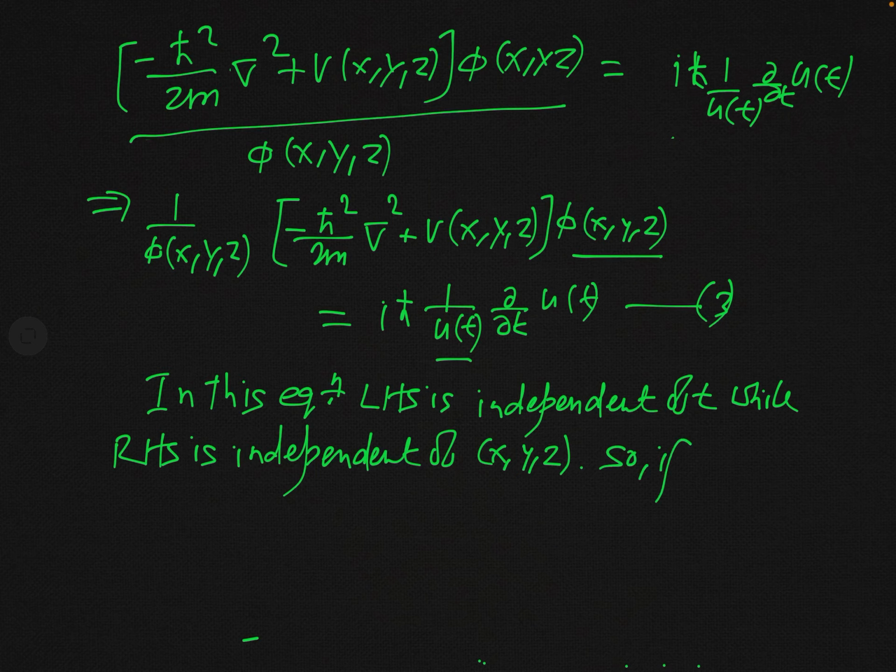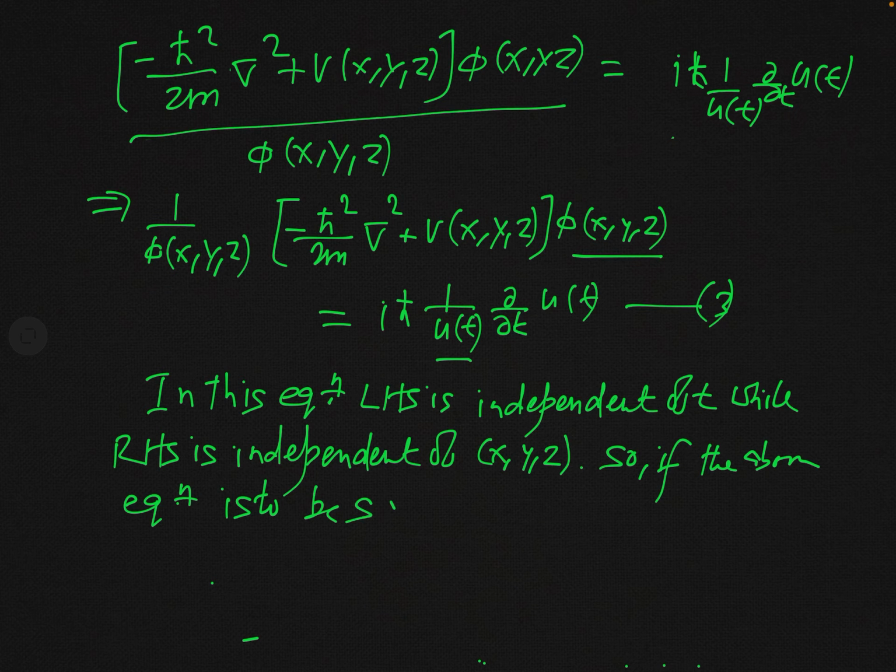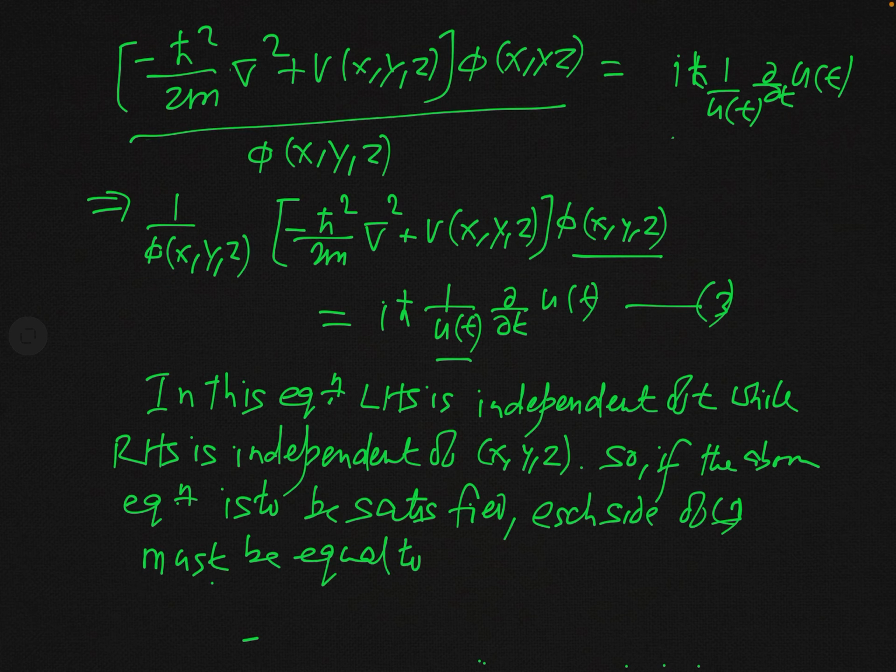So if the above equation is to be satisfied, each side of this equation 3 must be equal to the same constant, because x, y, z, t are actually the independent variables.